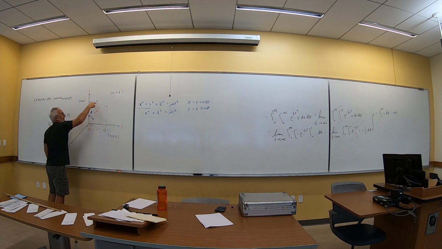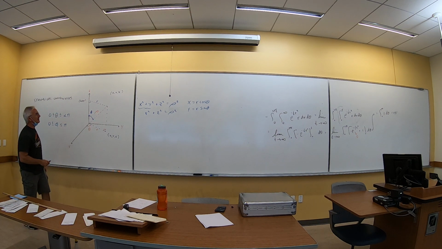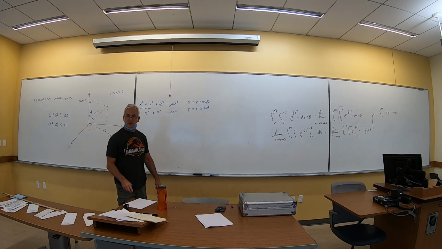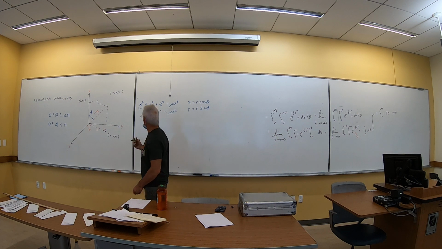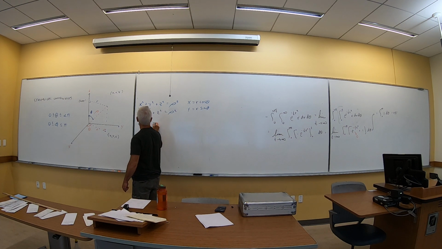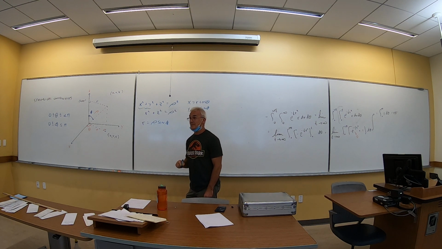There's a right angle, so in this triangle, that would be my hypotenuse. Think SOHCAHTOA. What's the relationship between r, phi, and rho? So r equals rho sine phi. Does that make sense?